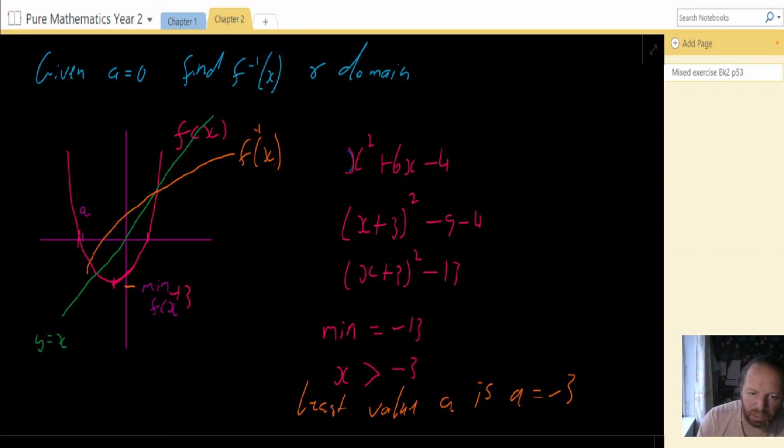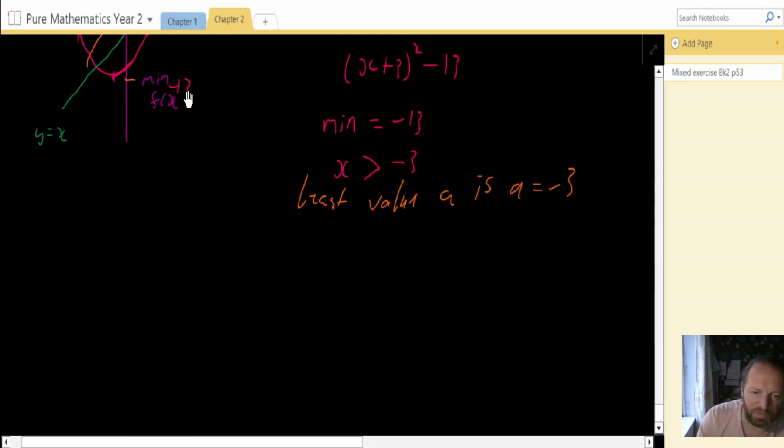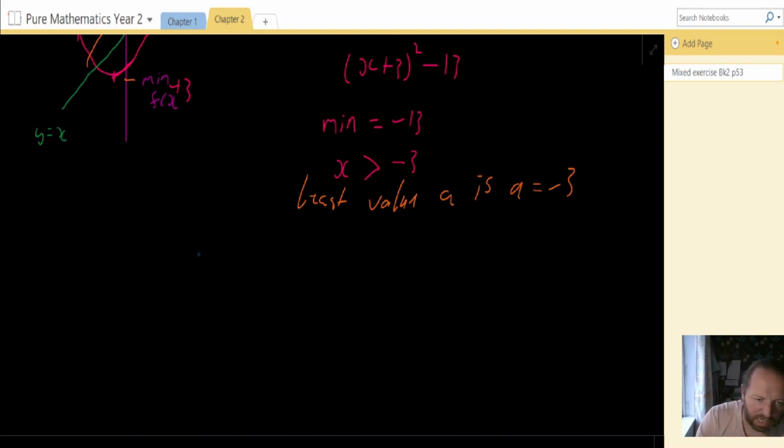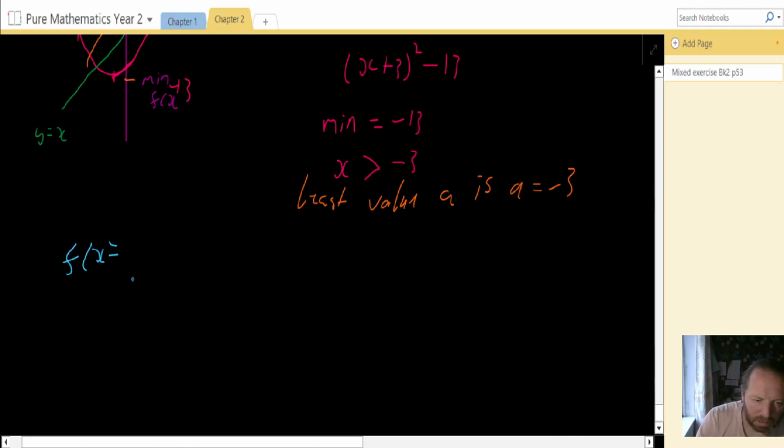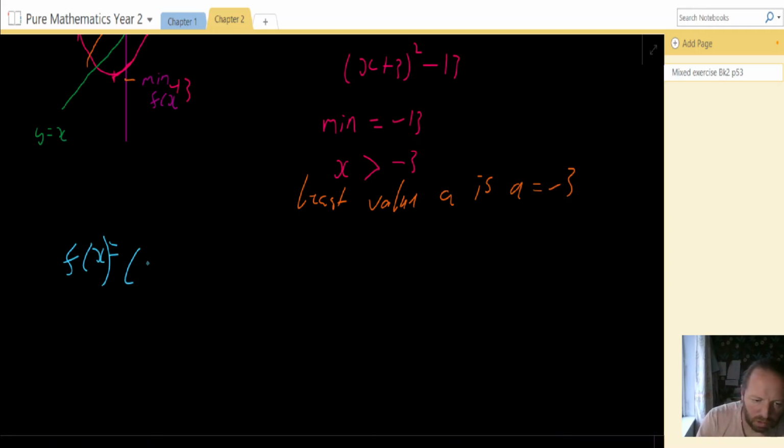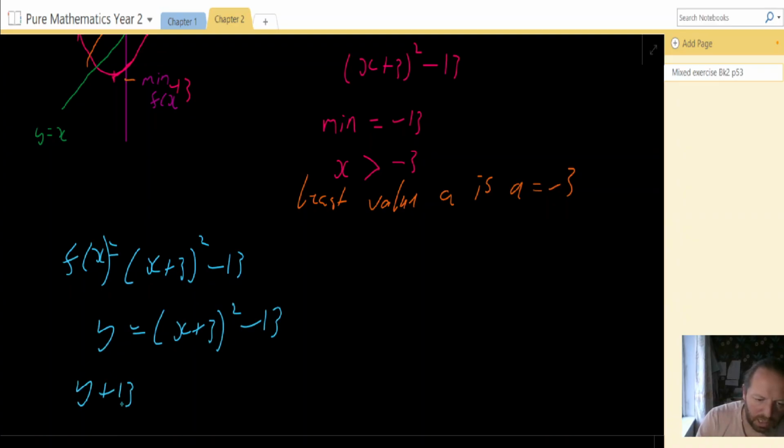Find f of minus 1. So let's just quickly find f of minus 1 first. If we've got the fact that f of x is equal to x plus 3 squared minus 13, we can quickly say y equals x plus 3 squared minus 13, so y plus 13, square rooted, minus 3 is equal to x.